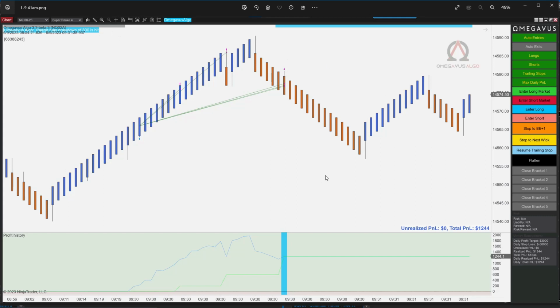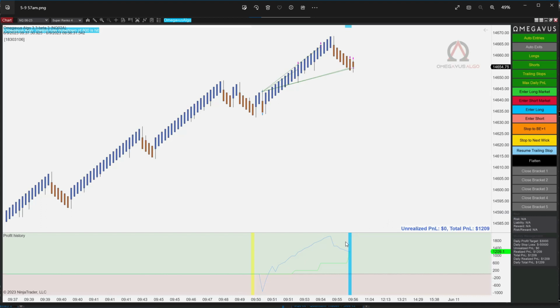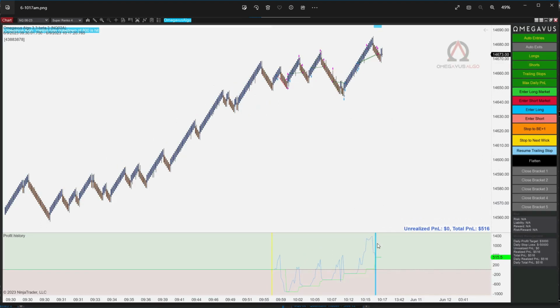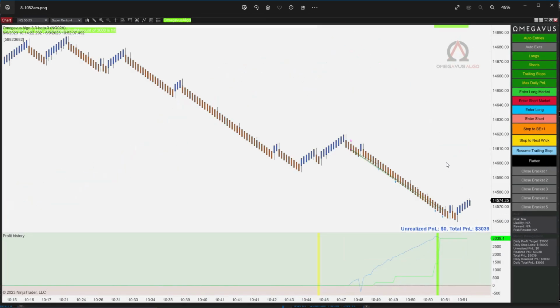I have no idea how it's going to do it, but basically it's going to close the whole thing and look for the next trade. Boom. The drawdown hit, close the whole thing, looks for the next trade. Close, looks for the next trade, boom, maximum profit goal hit, it will stop the whole thing together. You see where I'm going with that?